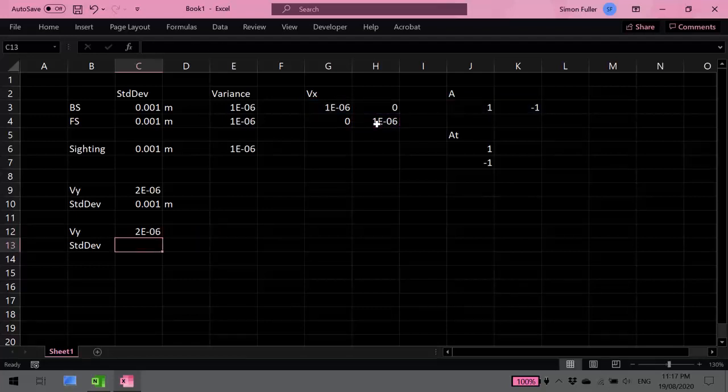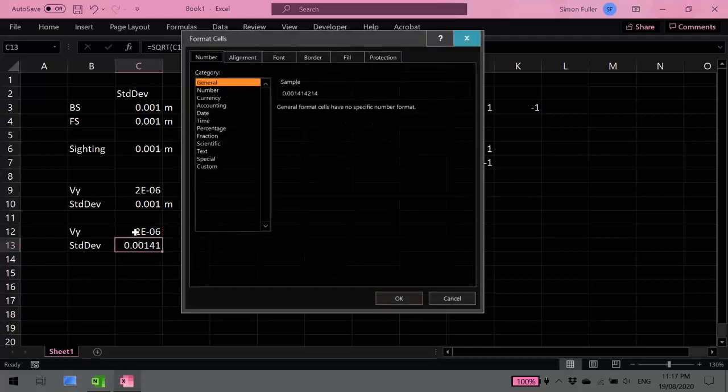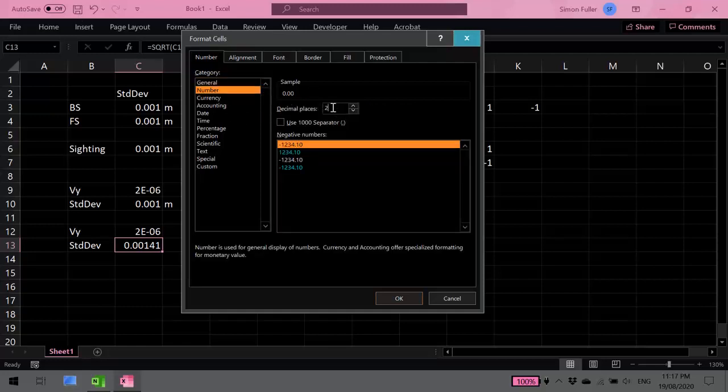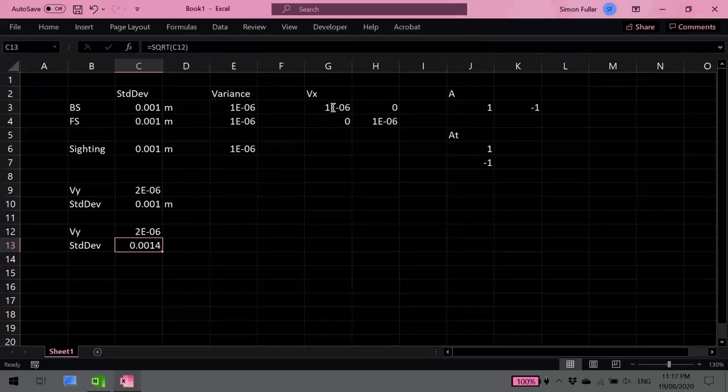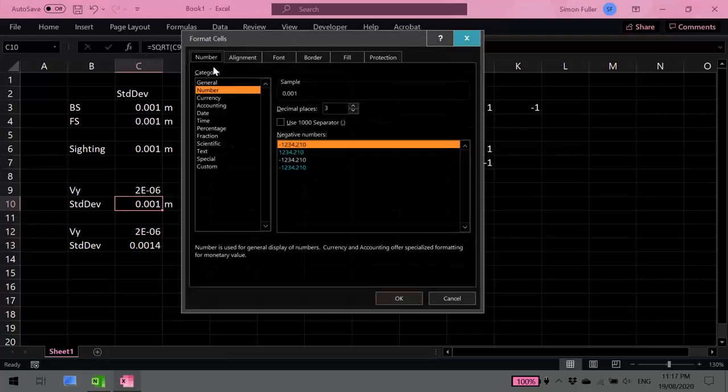And of course, if I would like the standard deviation, it is again the square root of this number, which is of course exactly the same. Let's make this 4 decimal places so we can actually see the slight difference we get between our original standard deviations and the derived quantity.